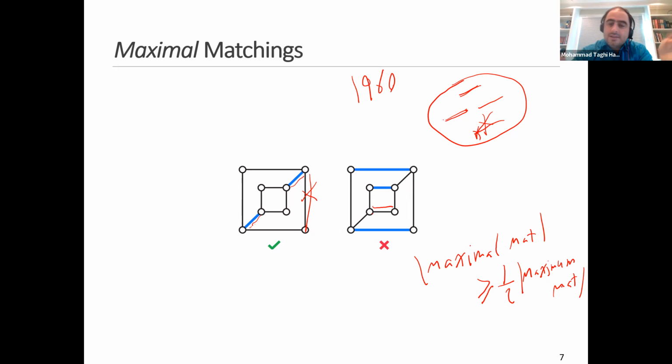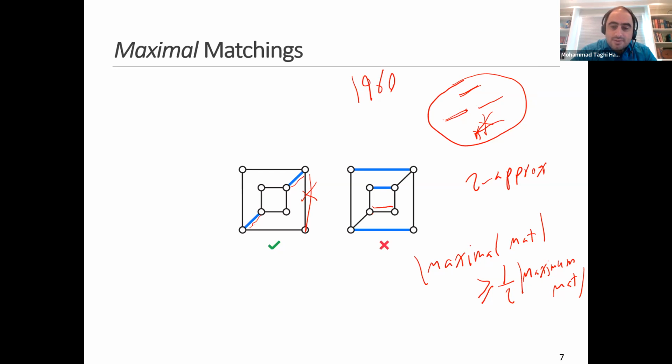So it is a 2 approximation for the problem. Maximal matching is at least half of any maximum matching. Good. So that's good things that we know.